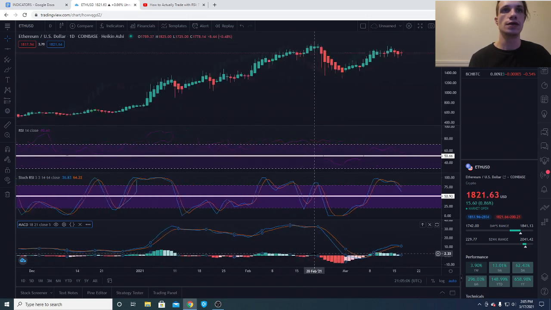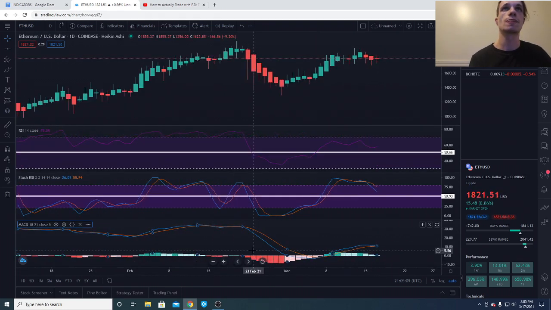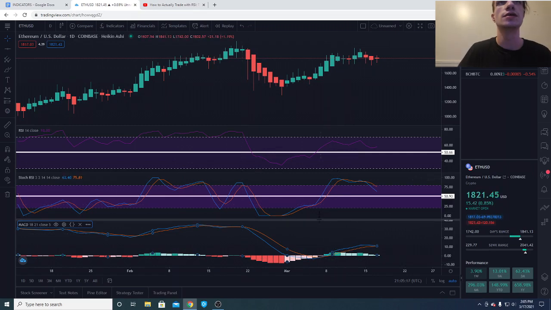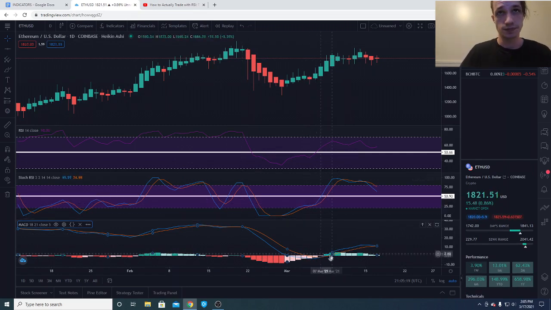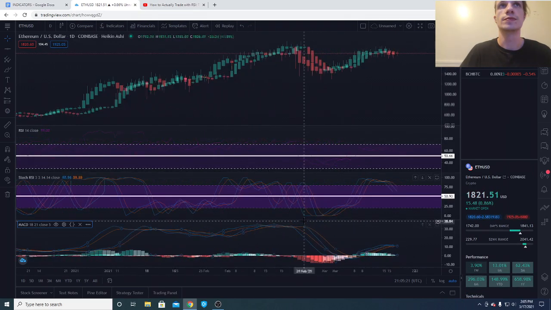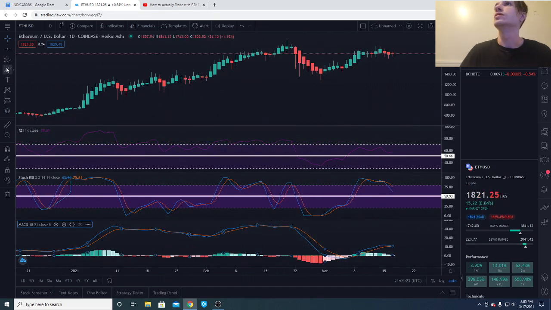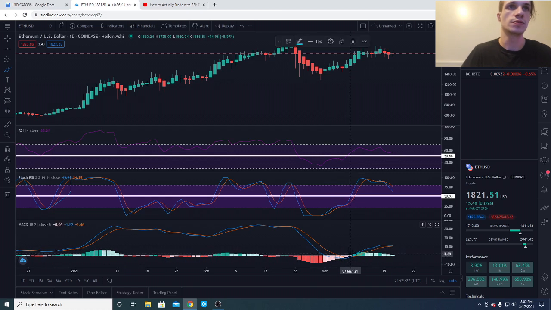Now we have everything set up for this beautiful strategy. For confirmations, we always start with whatever's at our bottom, which is what I like to start with. So we have a cross right here.